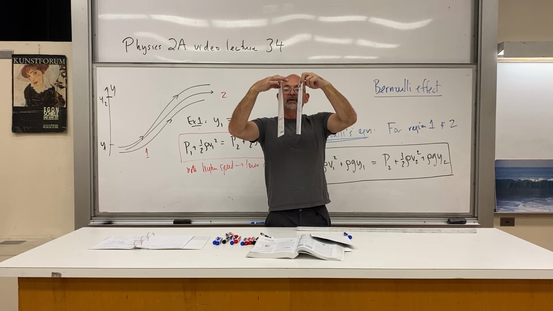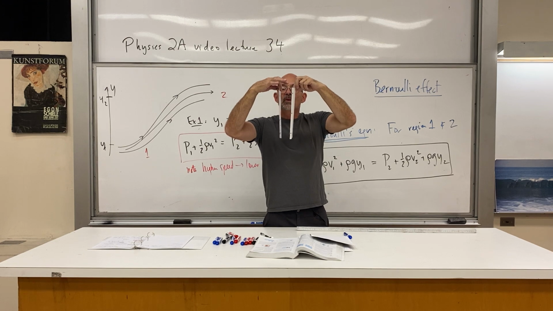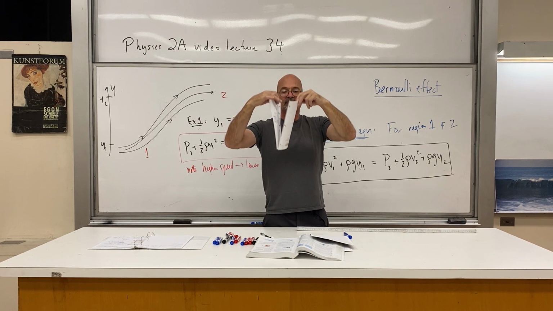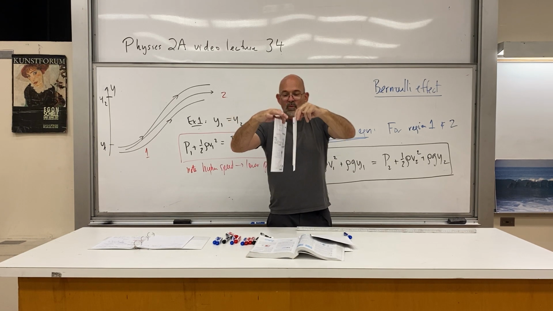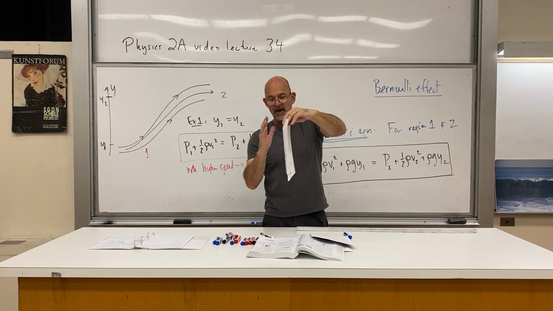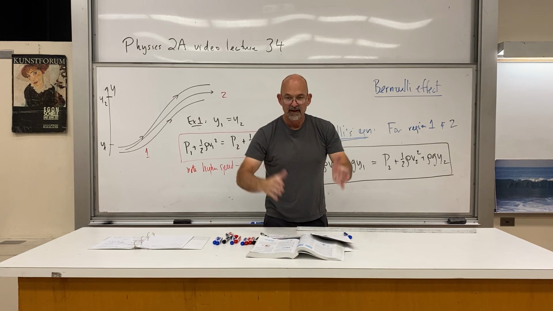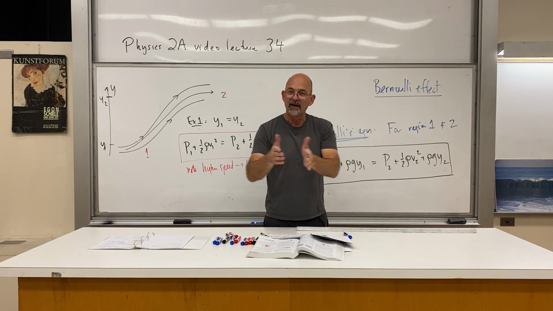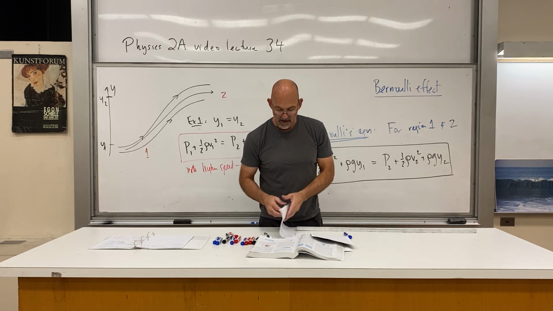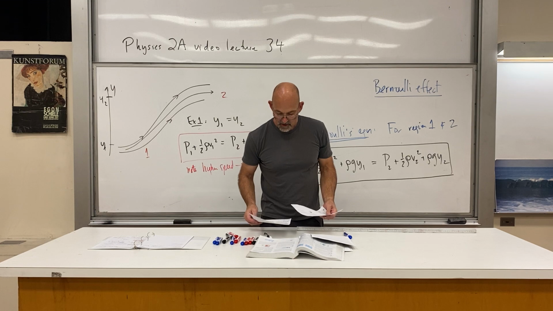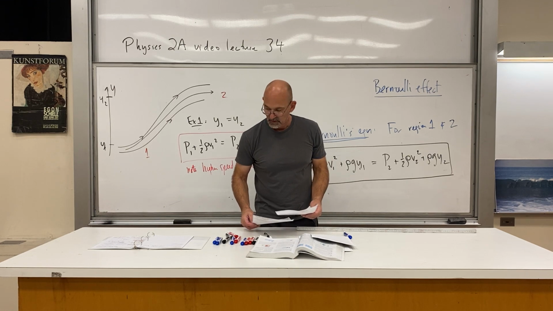They come together once again. So what you saw is when I blow through the pages, they come towards each other. That means the outside pressure is greater than the pressure in the air current itself. Okay, so a very important result.